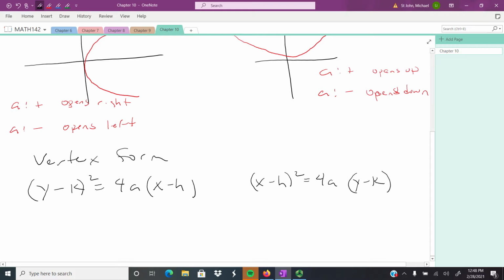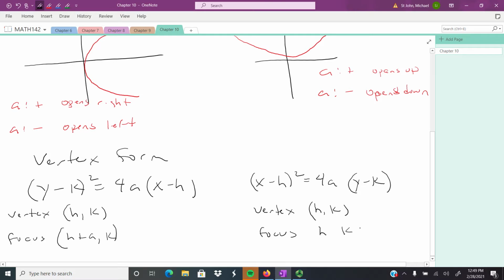Here the vertex is given by (h, k), and the focus is (h plus a, k). And for this one, the vertex is (h, k), and the focus is (h, k plus a).